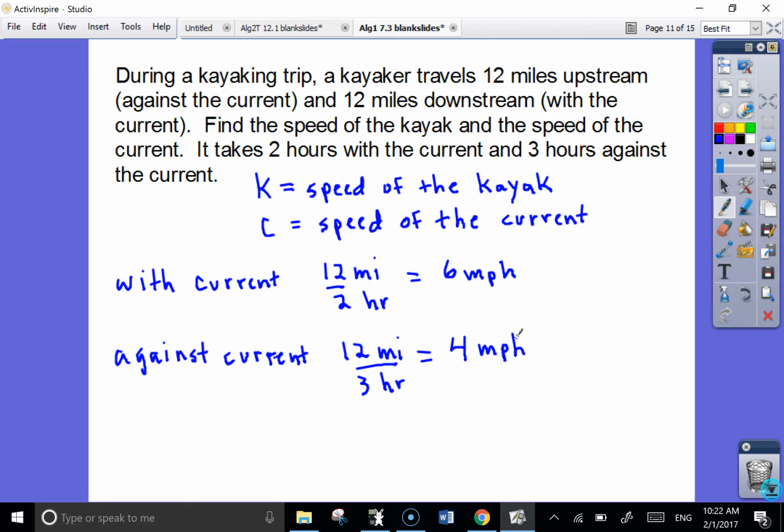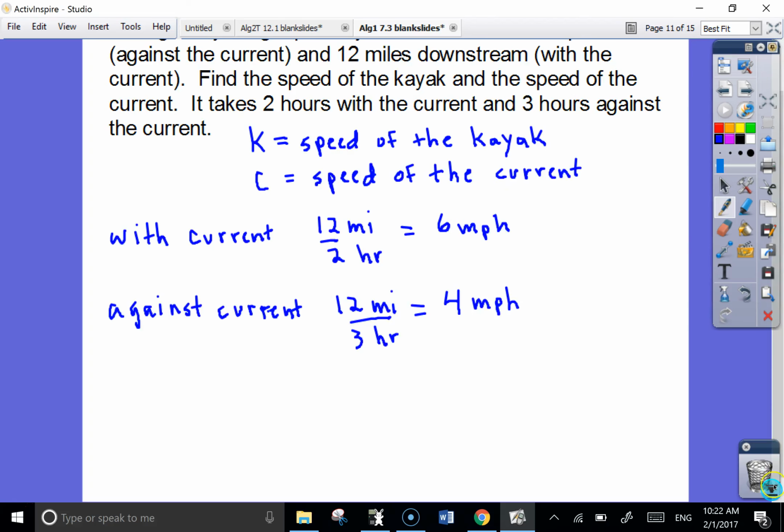Okay, now, if this doesn't seem immediately obvious to you, when you see it in the problem here, you'll know how you're supposed to deal with it in the homework problem. Okay. When the kayaker is going with the current, that means that both the kayak, or the effort that's going into it by the kayaker, and the current are together adding up to give us a speed of 6 miles per hour.